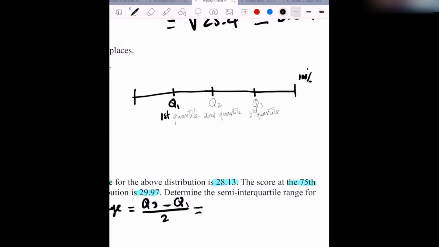The second quartile, or Q2, is also called the median. The median is also called the 50th percentile. The 50th percentile is another name for the median.